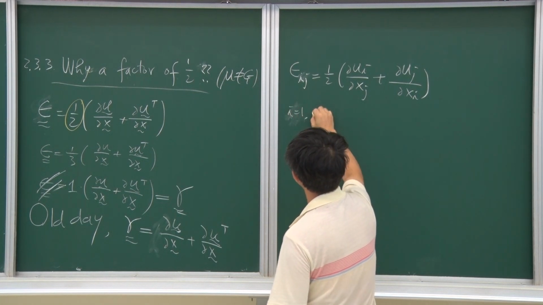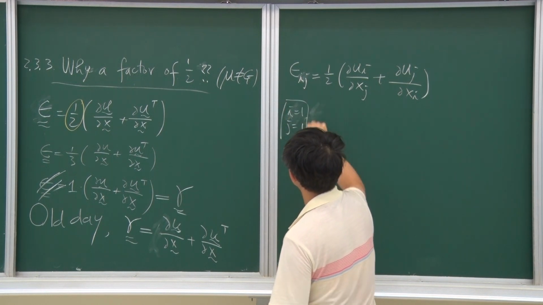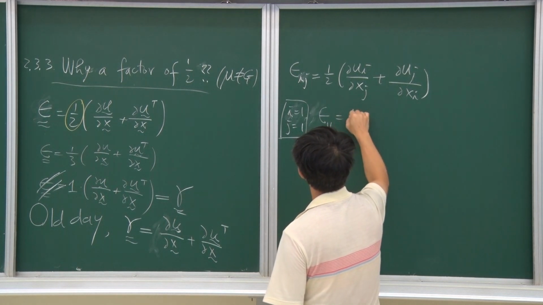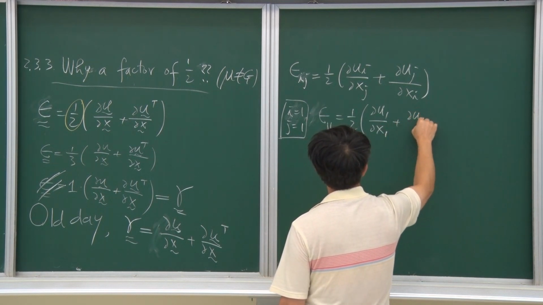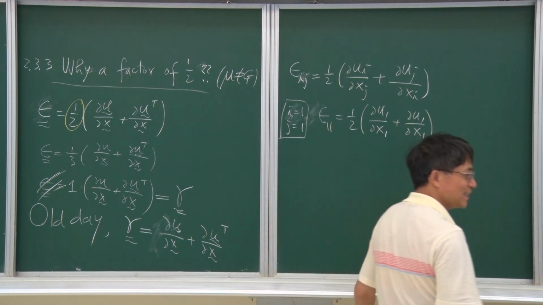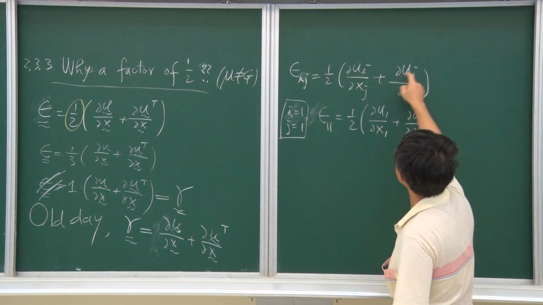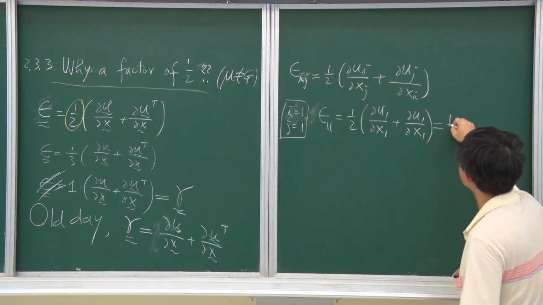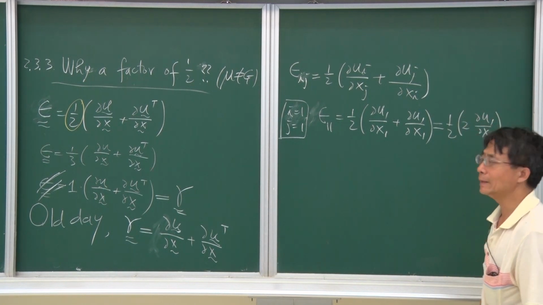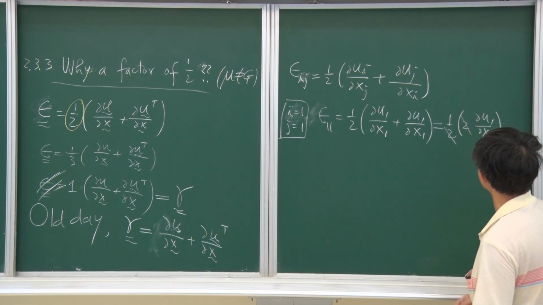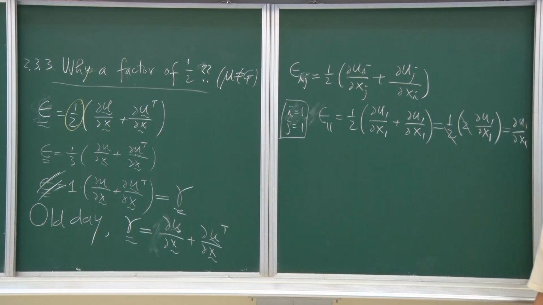Okay, this is the indicial form of the classical strain, and absolute i equals 1, j equals 1. So here, if i equals 1, j equals 1, we have this, and then we have this, and then these two and these two cancel each other out.